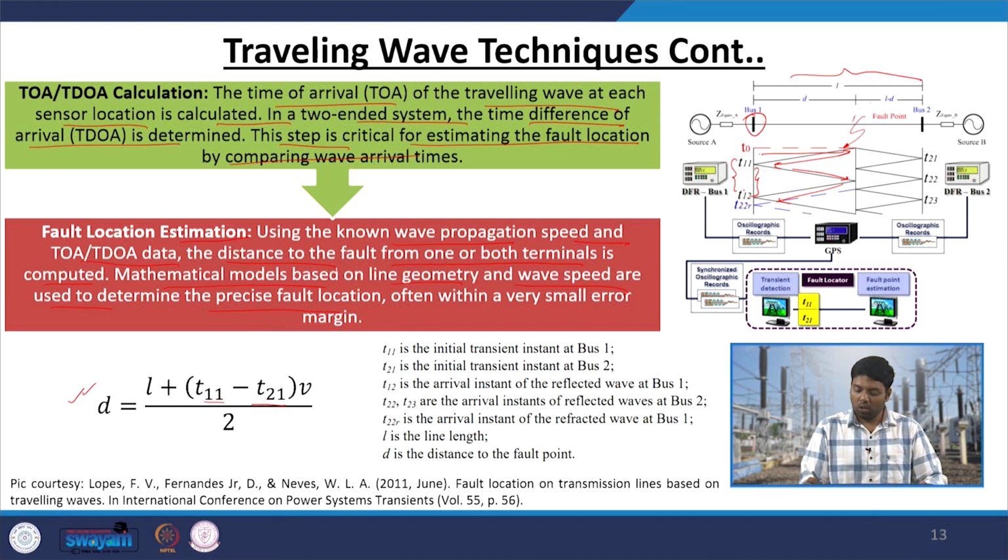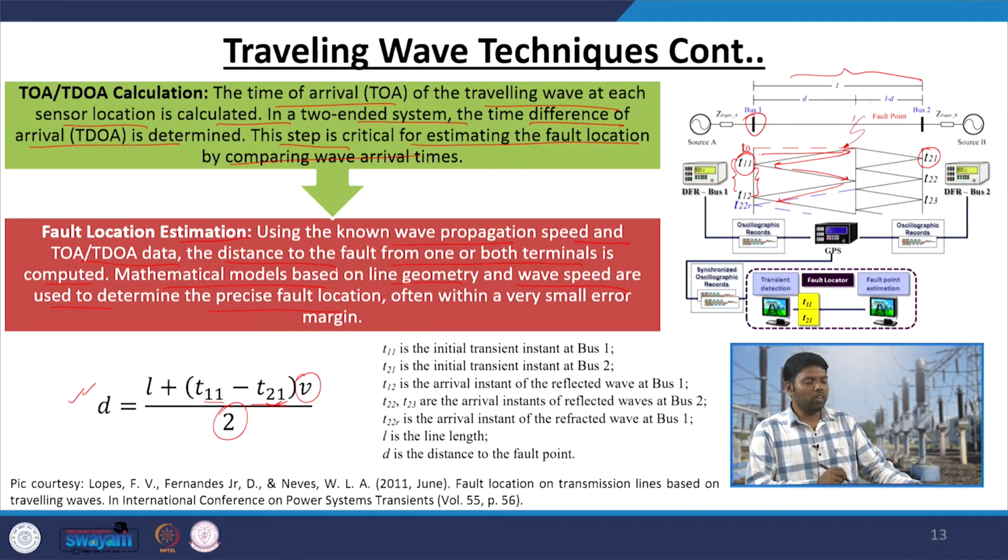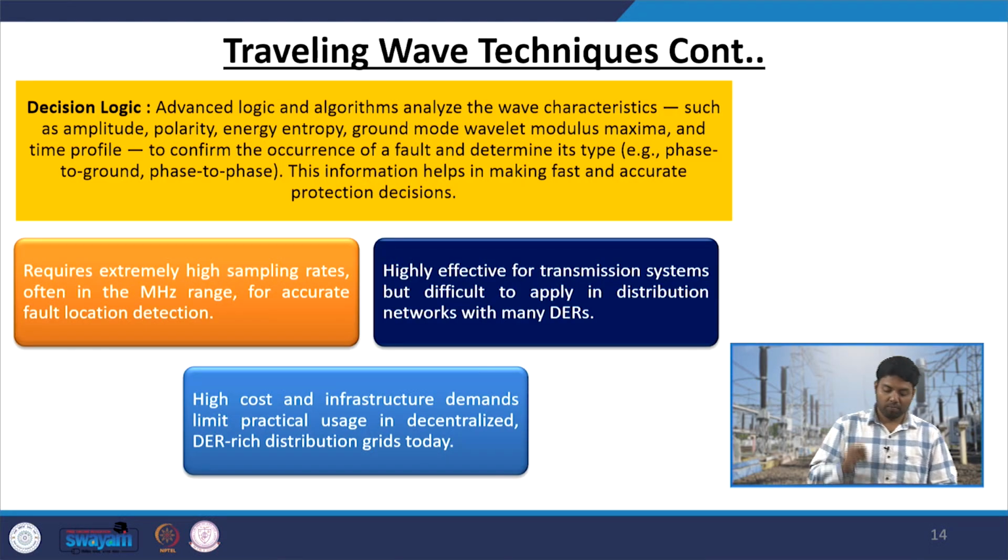So, these two times, T11 and T21, you record from both sides, then take the difference between them. This is multiplied by the speed of the wave, normally we consider it as the speed of light, then divided by 2. If you do it, then you will get the location of the fault.